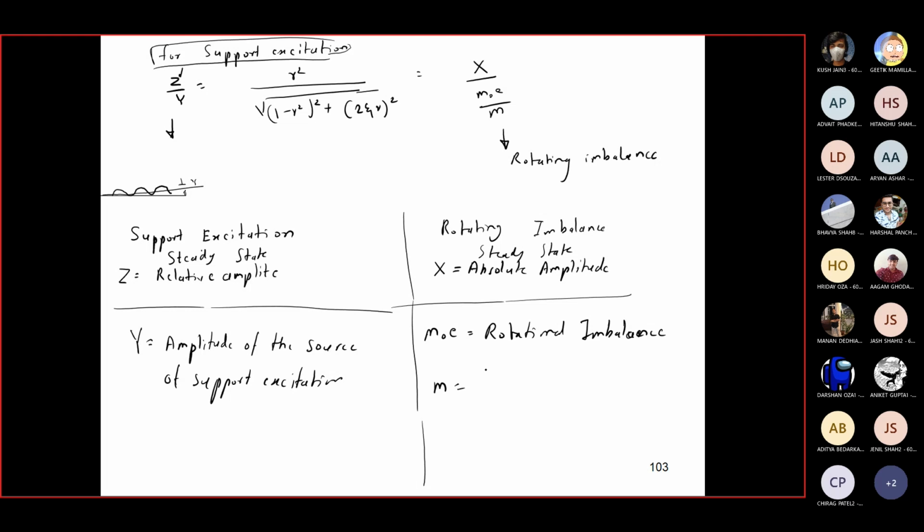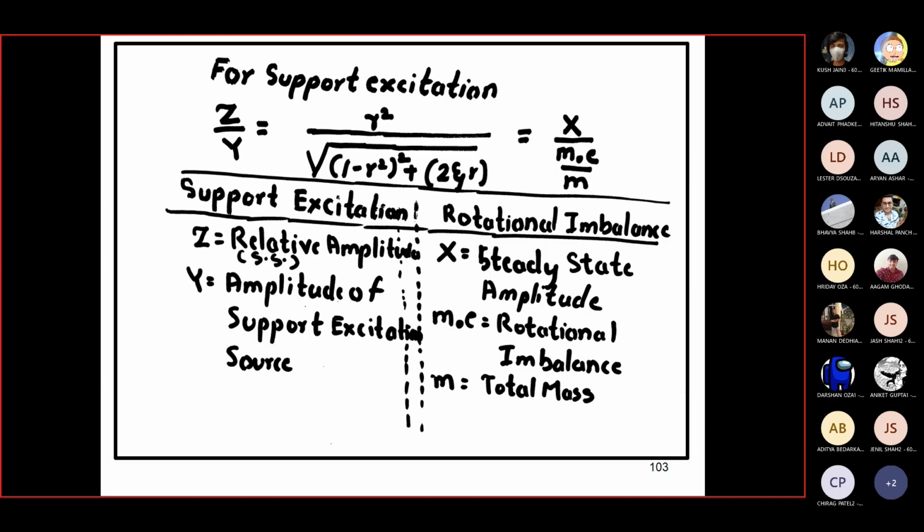And M is the total mass of the body. Okay. So I can write X divided by M0E by M is equal to Z by Y is equal to R square upon square root of 1 minus R square whole square plus 2 zeta R whole square.